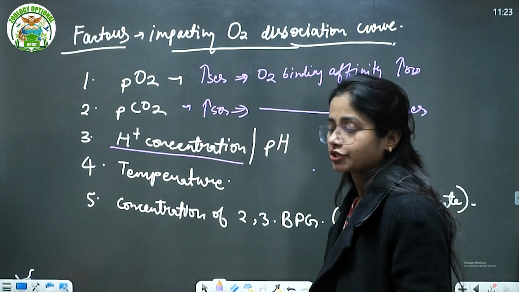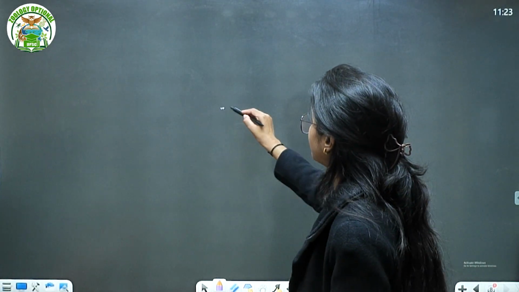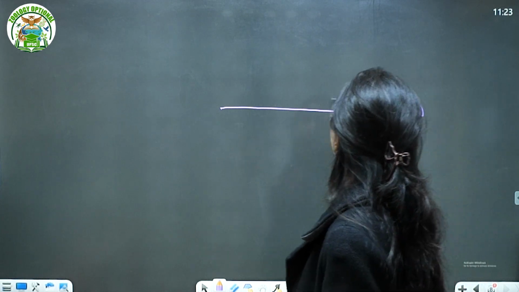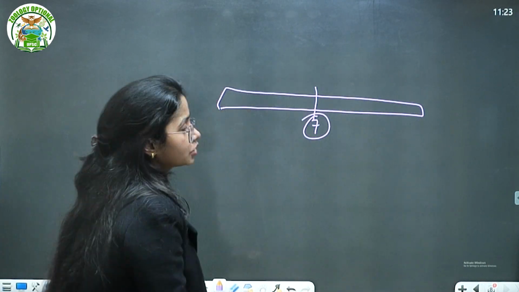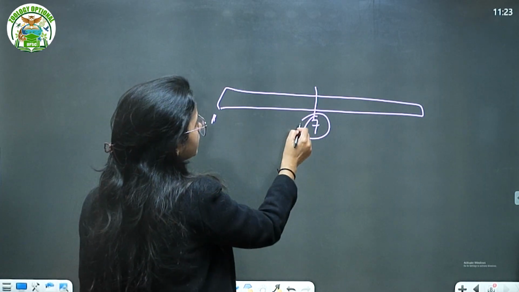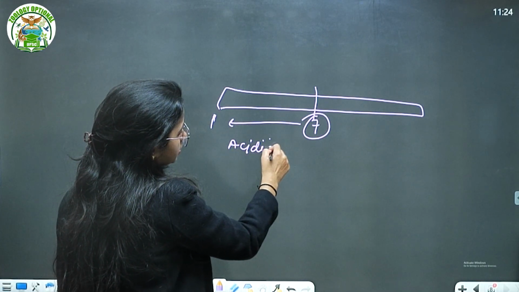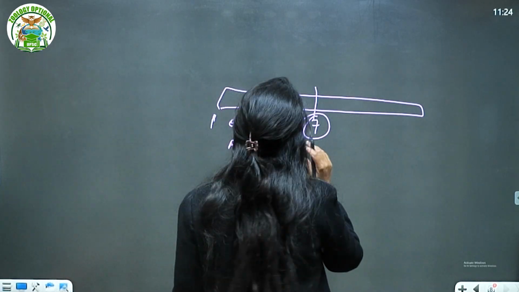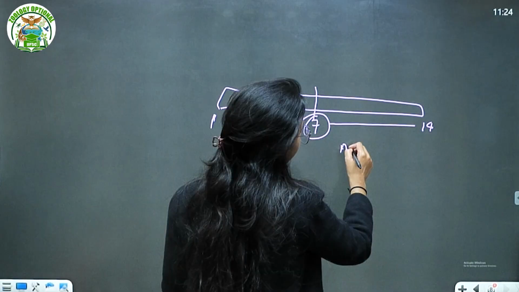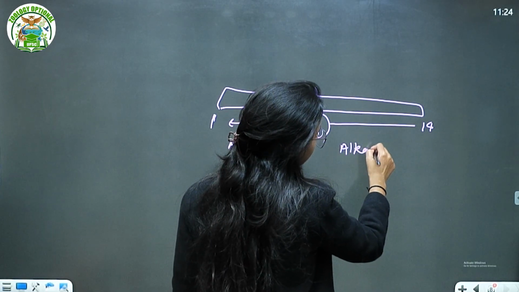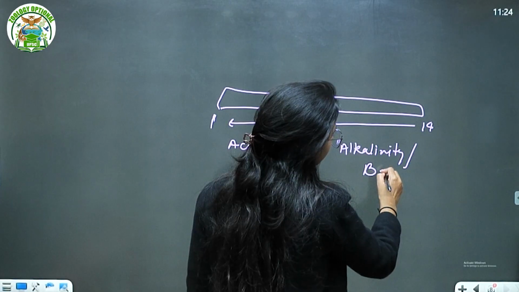H plus ion concentration. When we talk about the pH, I hope most of you must know about the pH values. So this is your pH scale. Here we talk about 7, that is neutral. As we move from 7 to 1, it is your acidity, your acidic concentration. When we move from 7 to 14, this is your alkalinity or basicity.